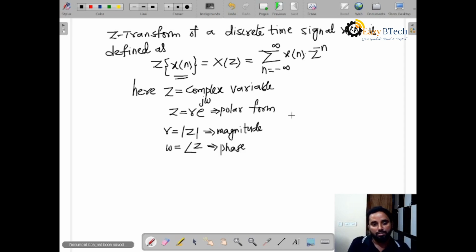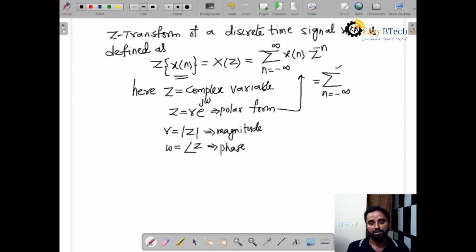Now I am going to substitute this r into e power j omega in the Z transform formula. Then we get summation n equals minus infinity to plus infinity of x of n into (r e power j omega) power minus n.